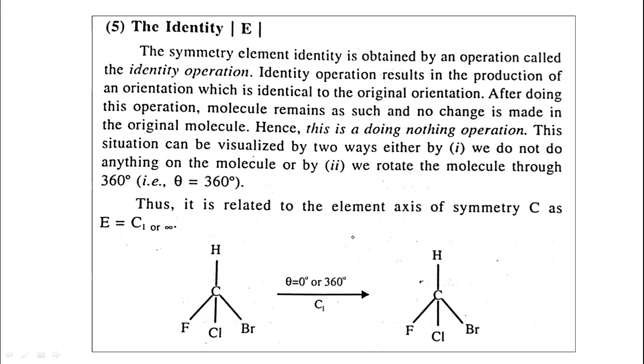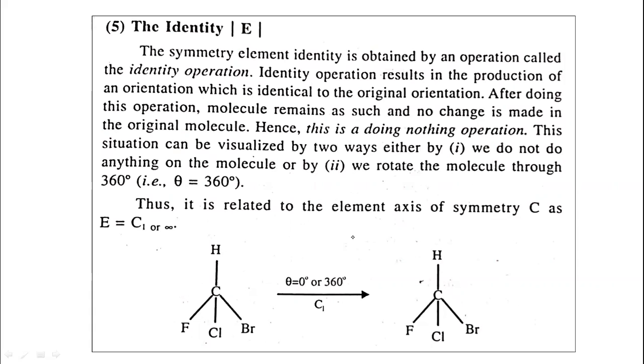After doing this operation, the molecule remains as such and no change is made in the original molecule. When we perform that operation, we get the original molecule. It means that this is a do-nothing operation.